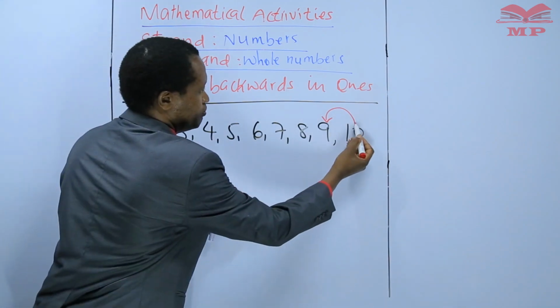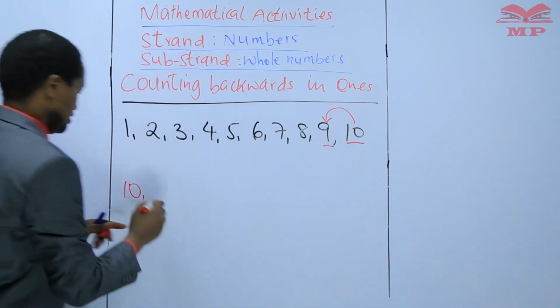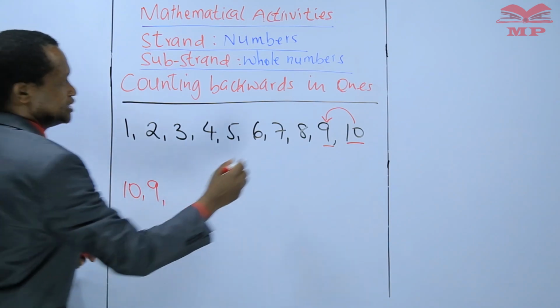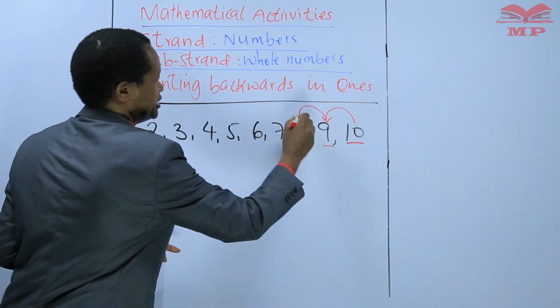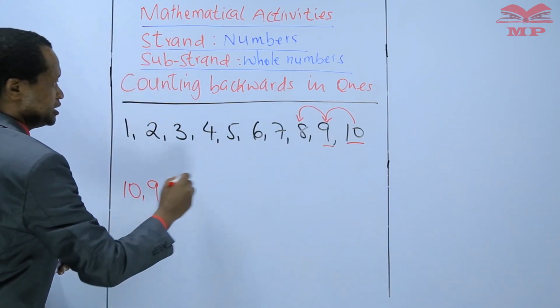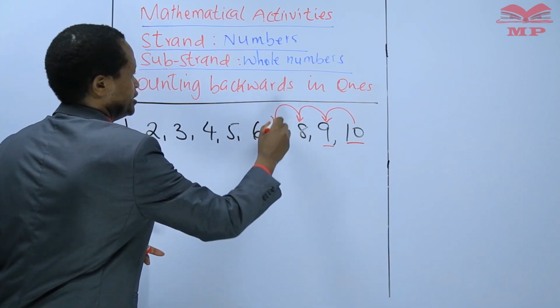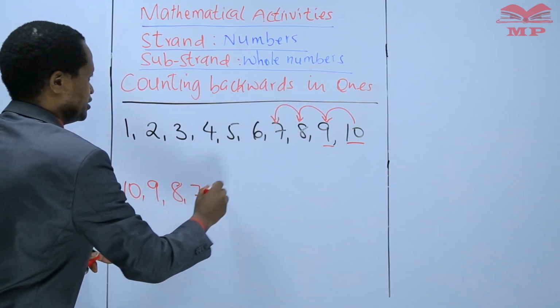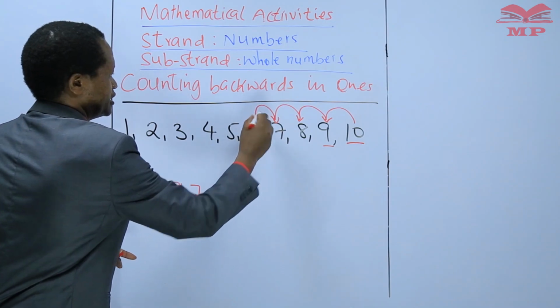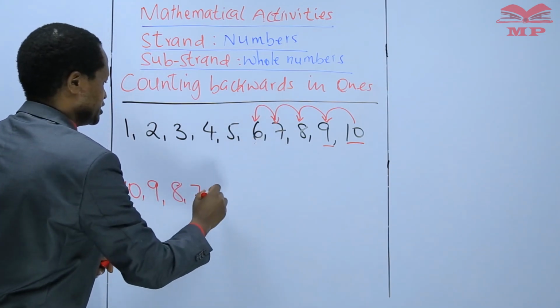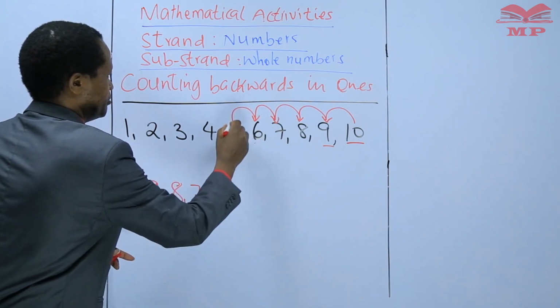Then we move back to 9. Then 8. Then we move to 7. Move to 6. That is number 6. We write 6. Then number 5.